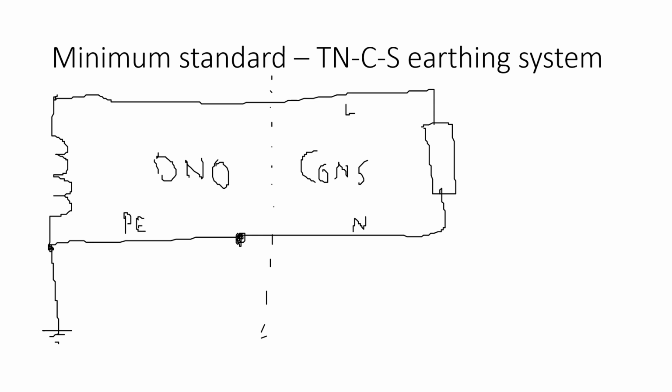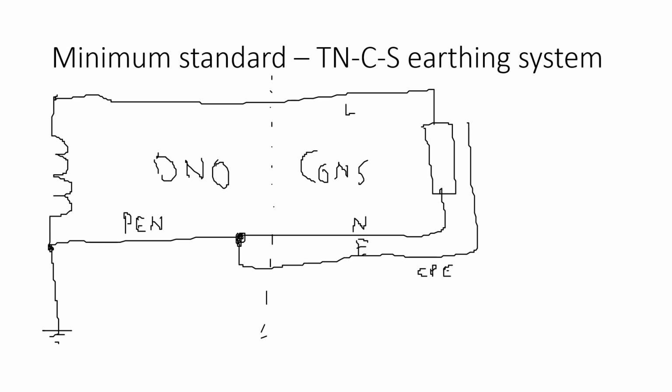If I were marking it, I'd definitely want to see some sort of indication where the PEN conductor is, and an indication that the earth is then taken and separated out. So yes, it's earth, but also, if you wanted to put it, that's your circuit protective conductor.